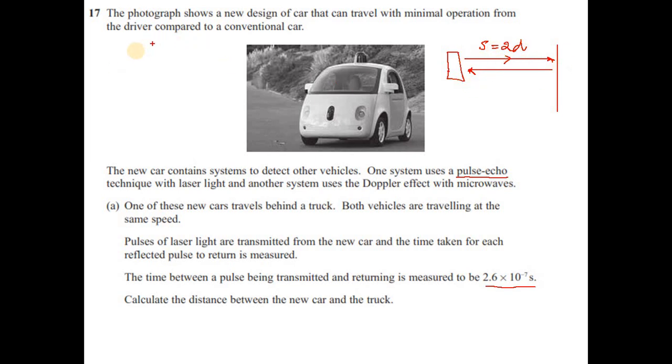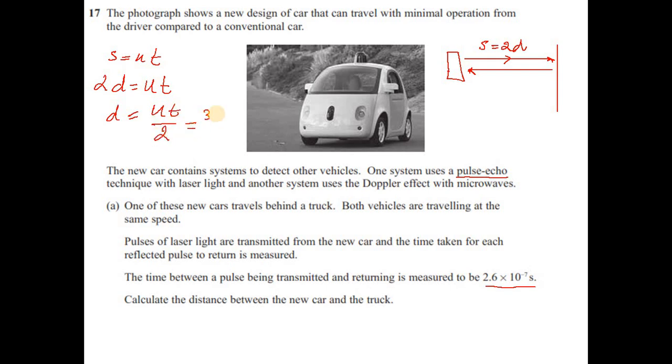So you can use the equation S equals UT to figure out the distance. But here the most common mistake students generally make is that they use D instead of 2D. Remember, it is pulse and then echo, going and returning. So in place of S you should use 2D. So 2D is equal to U times T, and then D is equal to UT upon 2.